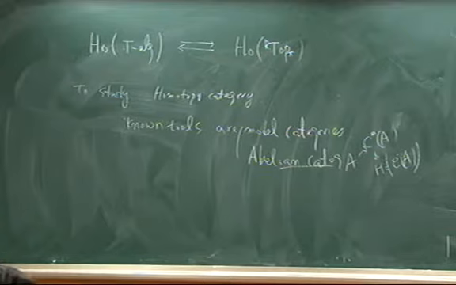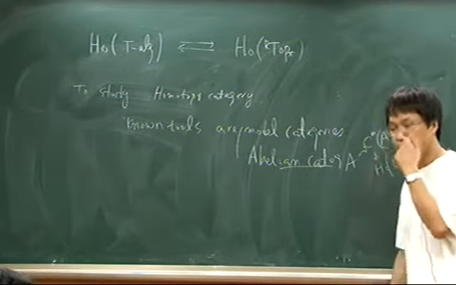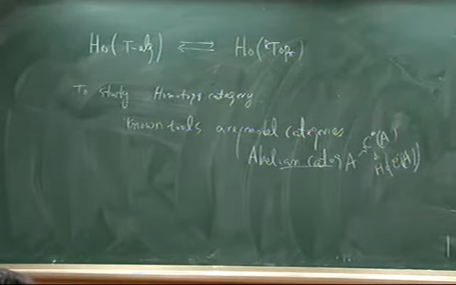So model category is a kind of generalization. Is it what you were saying here? So for abelian categories, we have a standard procedure of obtaining the homotopy category, the complex category, derived category, and the model category is a kind of generalization for arbitrary categories. Yeah, for arbitrary category.